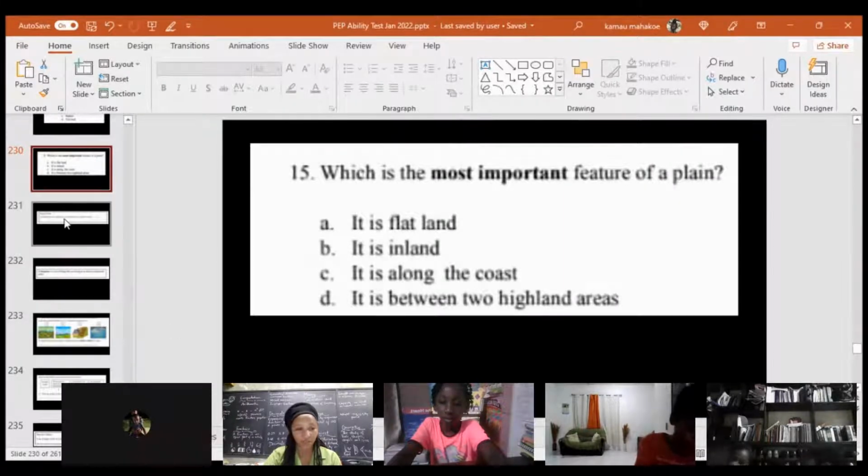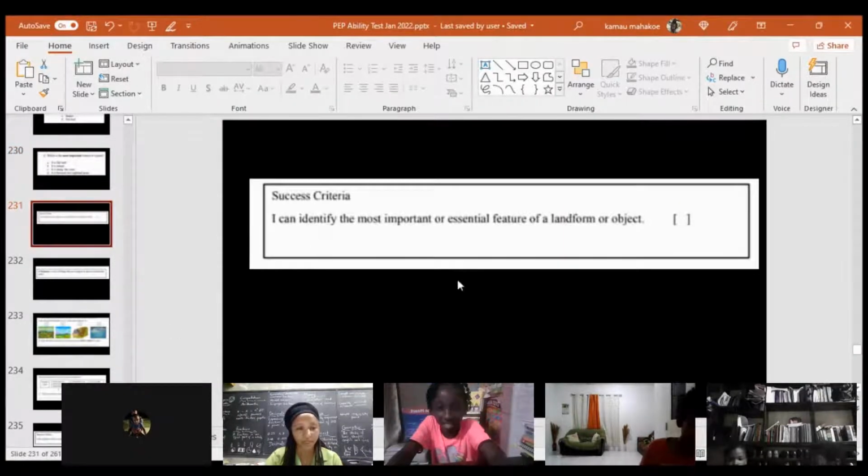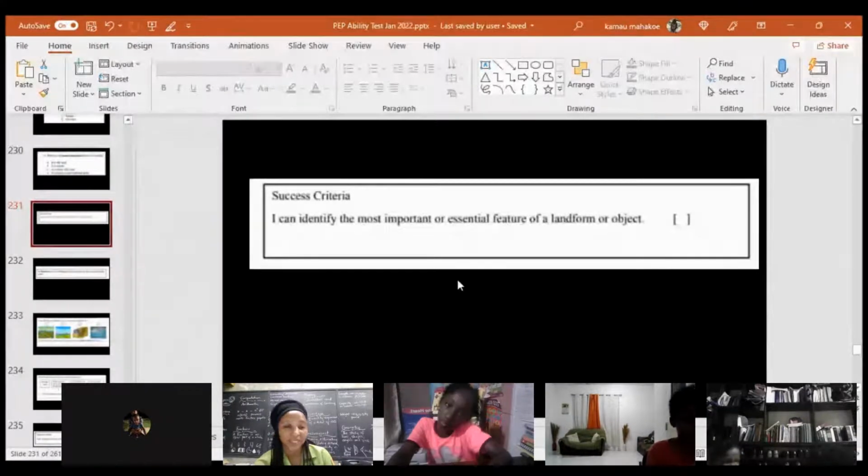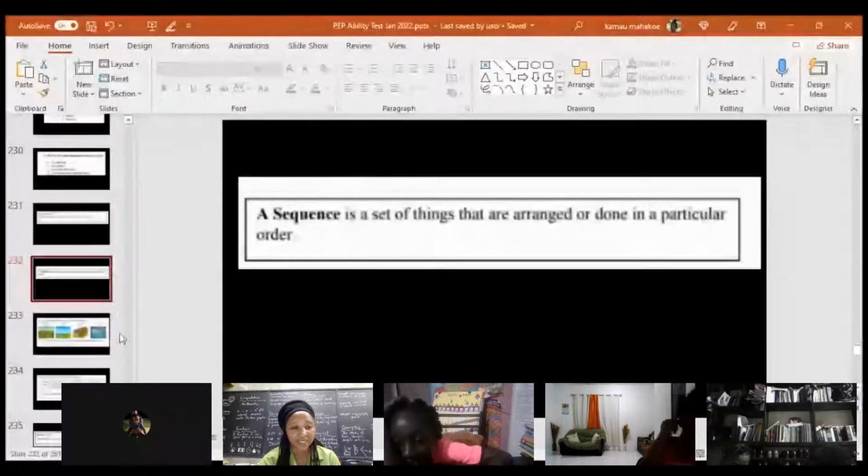All right. So back to you, Madam Shelicia. But hold on. So the success criteria: I can identify the most important or essential feature of a landform or object. Shelicia, read for me what a sequence is.